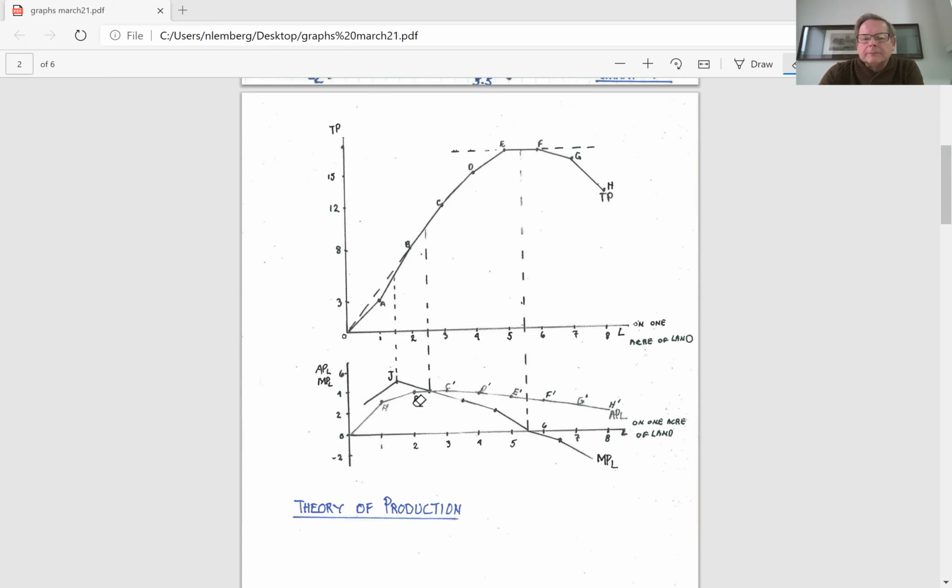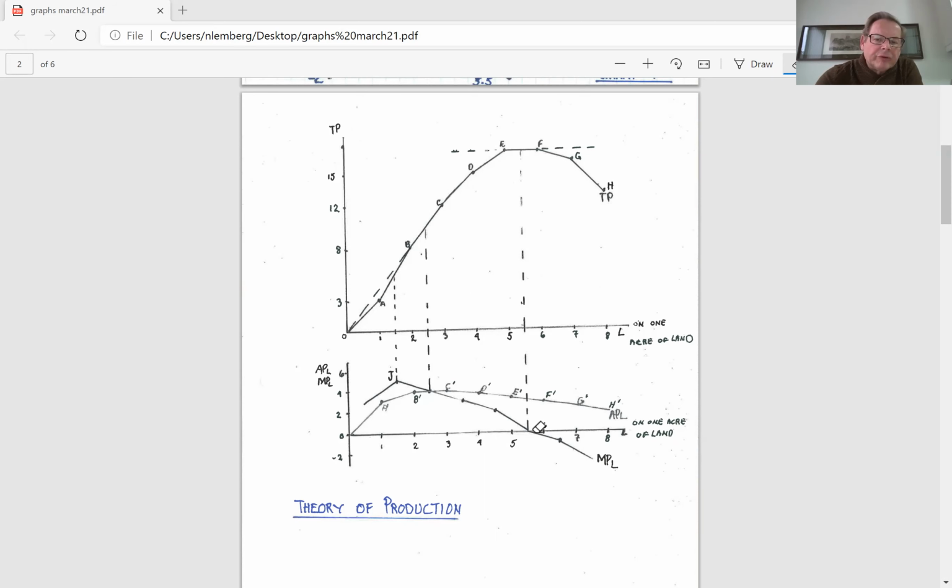of output. Stage two is from where the APL is maximum down to where the marginal product of labor is equal to 0, and that here is at 5.5 employees. So stage two is a subset of the law of diminishing returns.